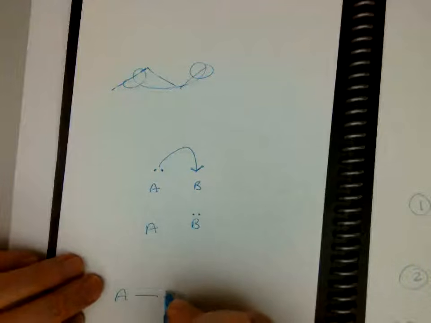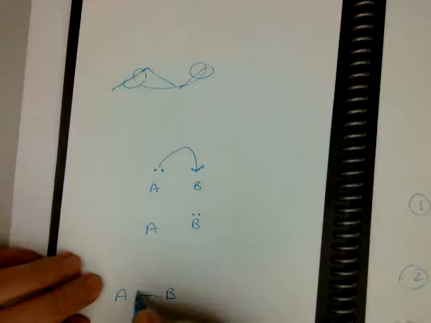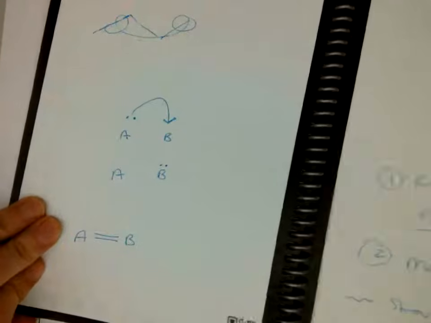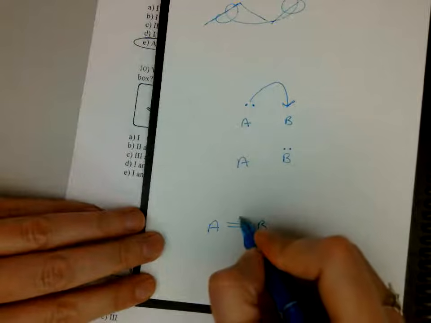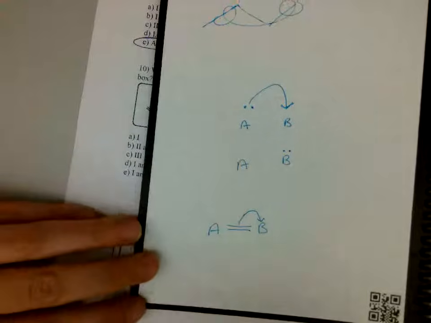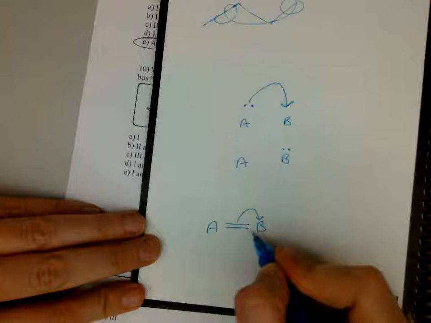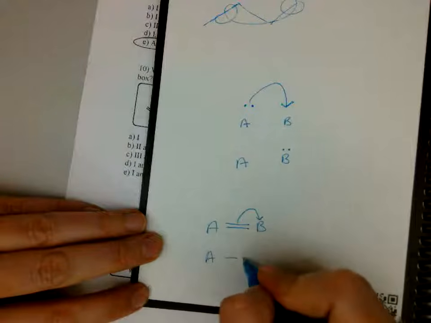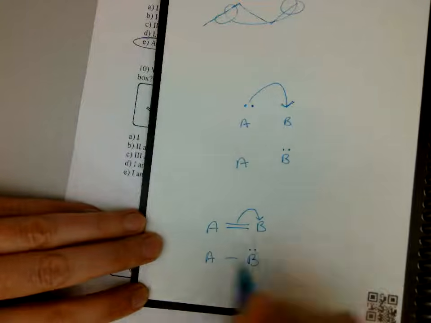If you have a bond between A and B, we'll make it a double bond, and the bond breaks, we'd say the 2 electrons that make up this bond are moving over to atom B, that's how we would denote it. So your new structure would look like this.